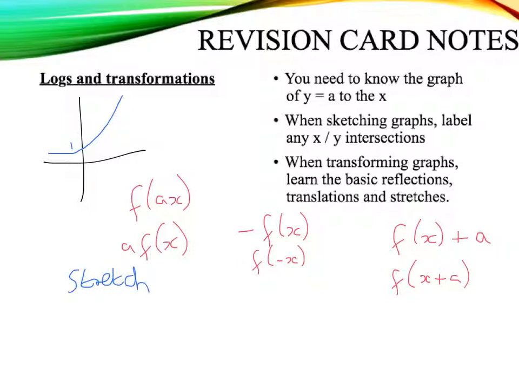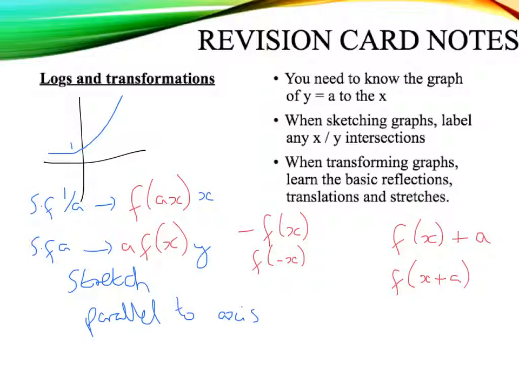This one is going to give you a stretch scale factor a, and this is in the y direction, whereas this one is a stretch scale factor 1 over a in the x direction, or parallel to the x-axis. Okay, so we'll say parallel to whichever axis it is.